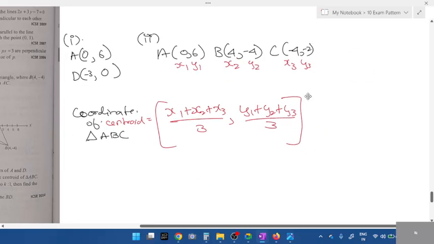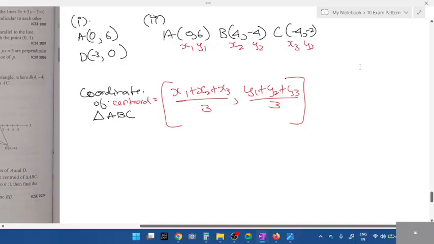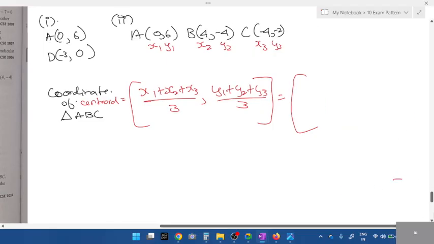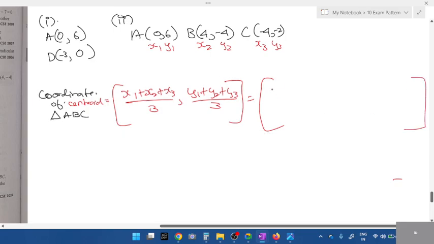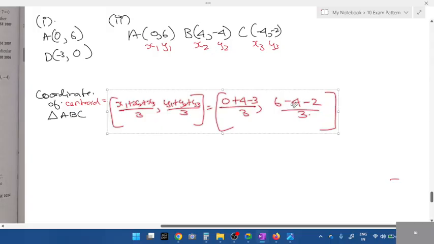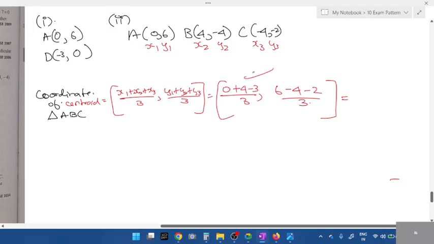It's very simple. If you know the formula, you don't have to write, students. You could have directly written this step.